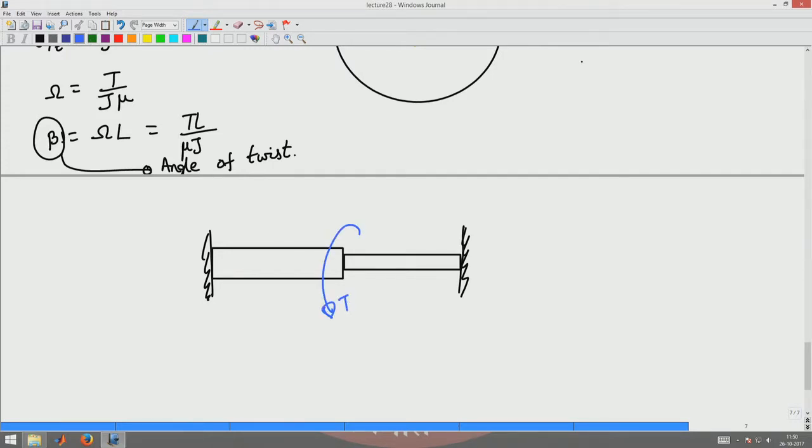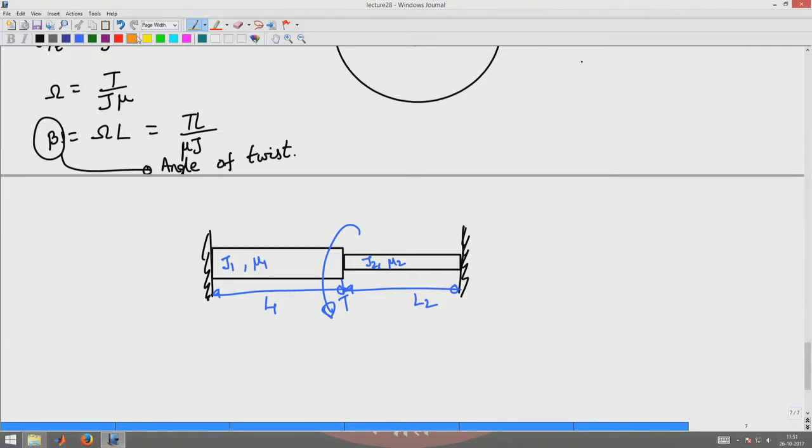Okay. Now let us assume that this has J1 as the polar moment of inertia, this has a length L1, and mu 1 is the shear modulus of this material. Let us assume this as having a length L2, and J2 and mu 2 are the polar moment of inertia and the shear modulus of this second shaft.